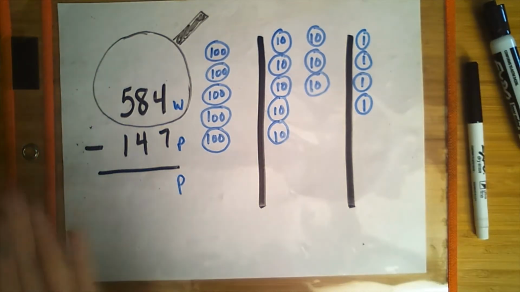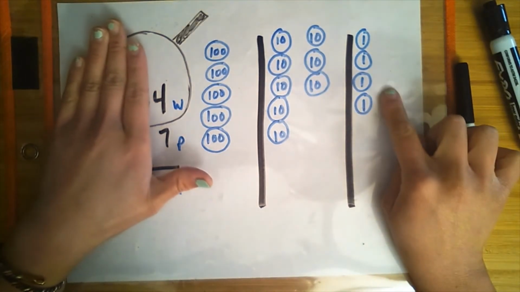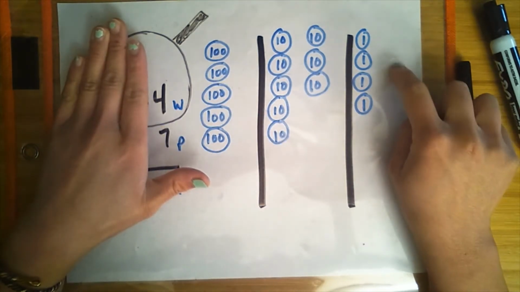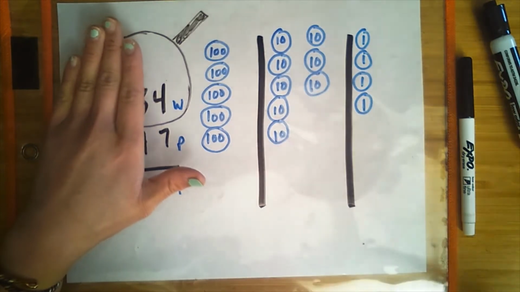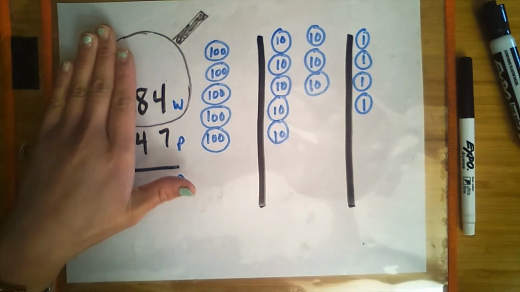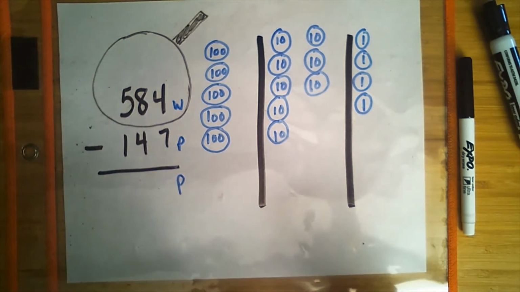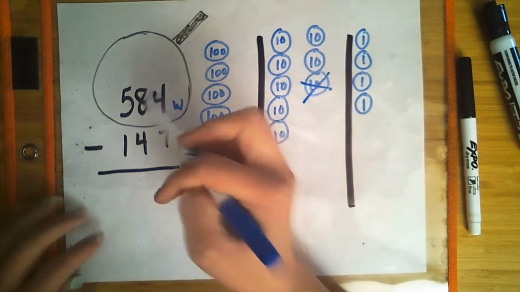Beginning with our ones place, we have 4 ones in our whole. Can we subtract 7 ones from our 4 ones? No, we cannot. So what do we need to do? We need to unbundle from the tens in order to do so. Let's go ahead and do that. I'm going to unbundle a 10 here.